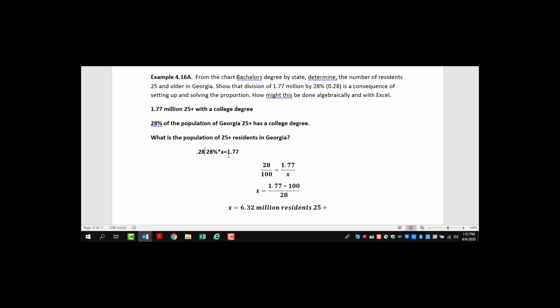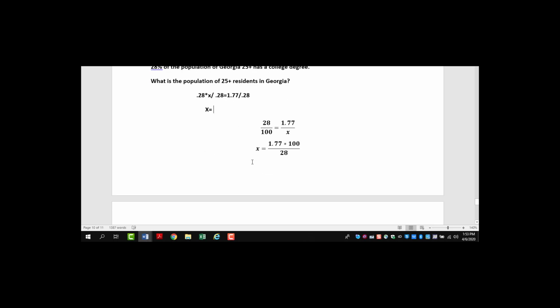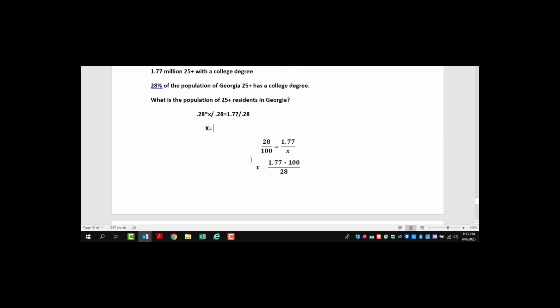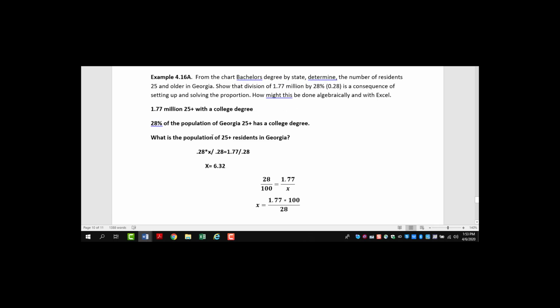Best to do this right away, and then divide both sides by 0.28. And you get the same thing that we got over there. X is 6.32 million. So there's 6.32 million people in Georgia over the age 25 or older.